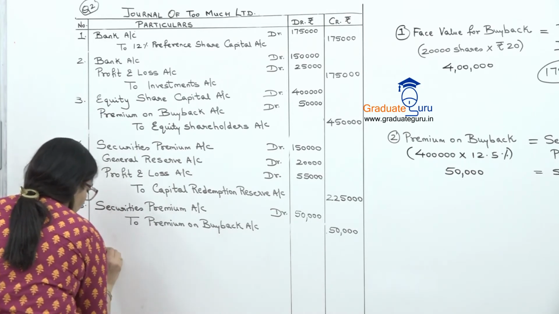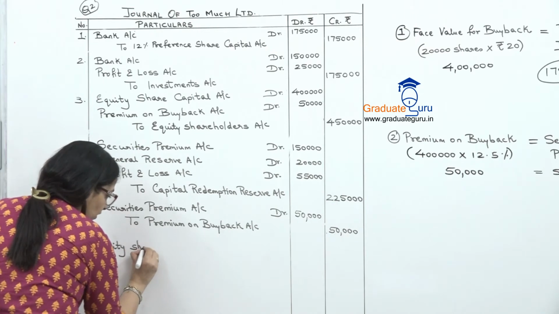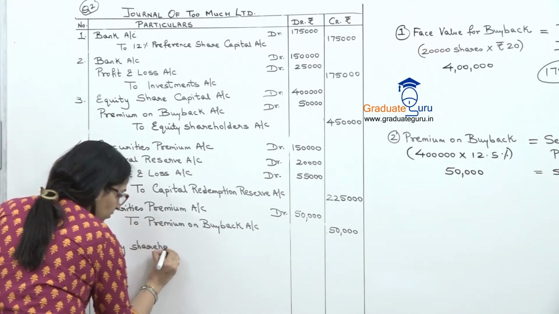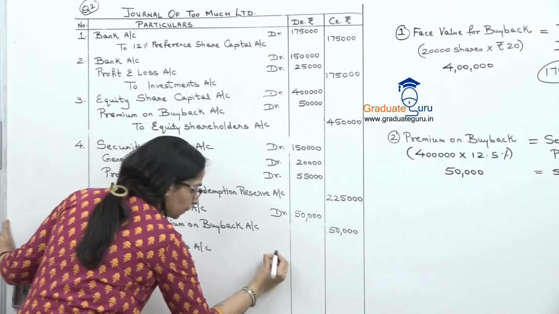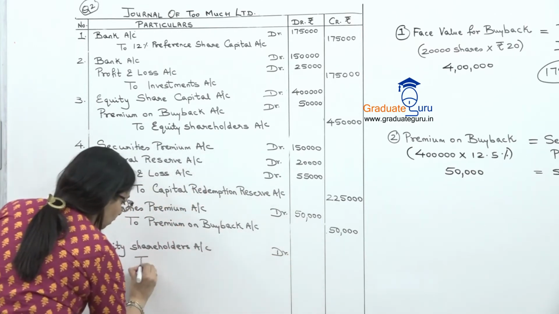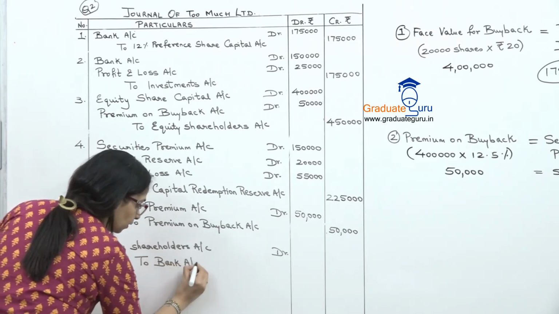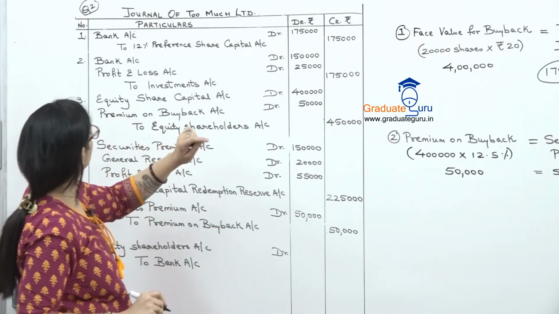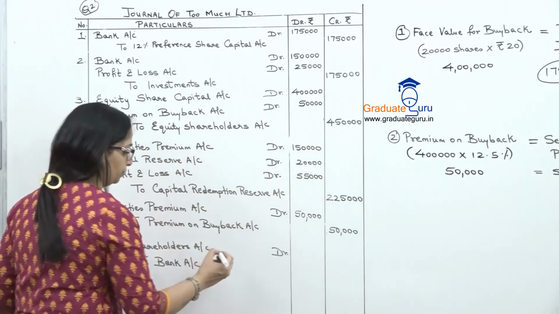Whom are we going to pay? Equity shareholders account debit. To bank. And total amount of equity shareholders, 4,50,000.